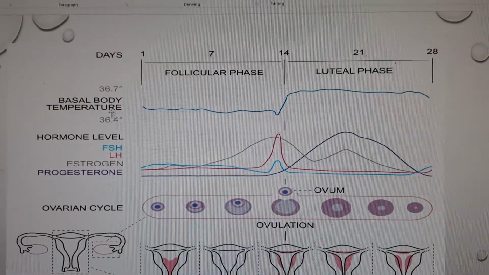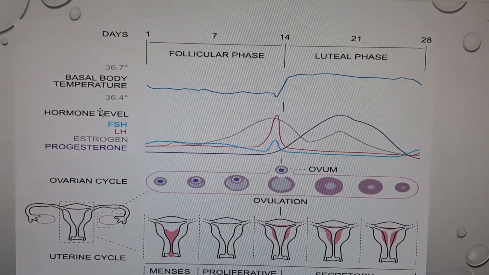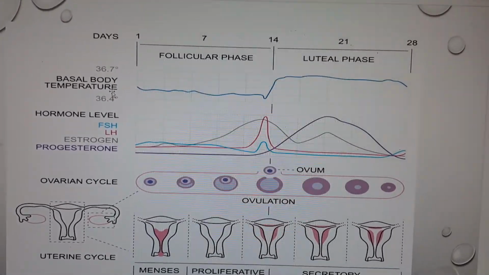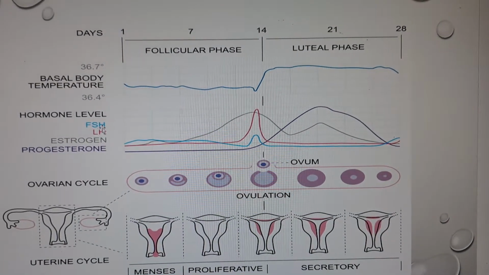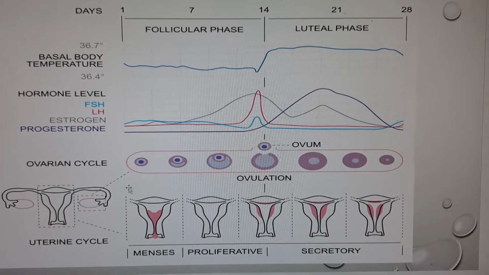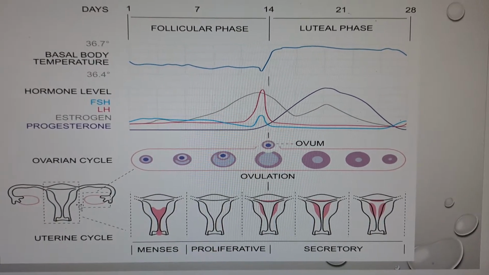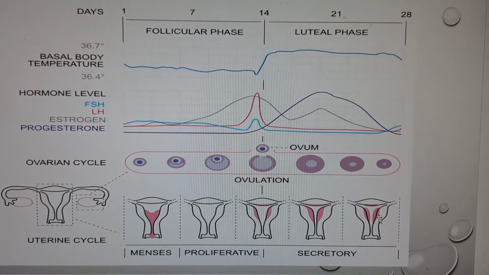The body temperature also changes in ovulation, as you remember from your gynae lectures, and there are hormonal changes, FSH, LH, estrogen and progesterone, and cyclic changes related to the uterine body in the endometrium.